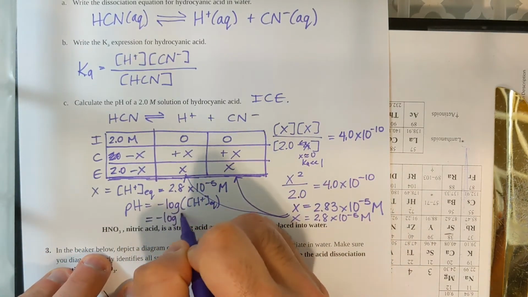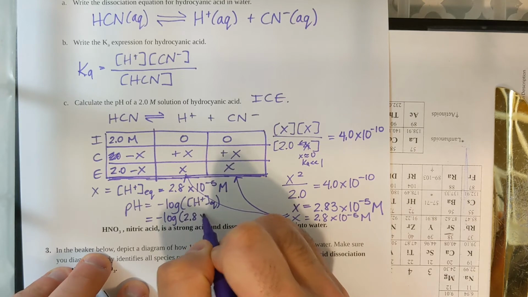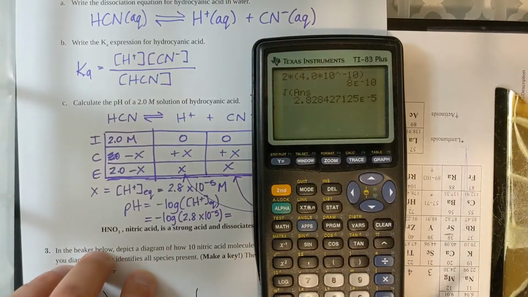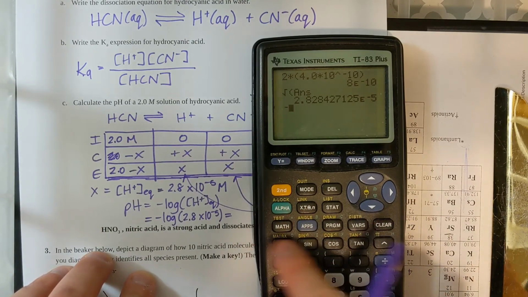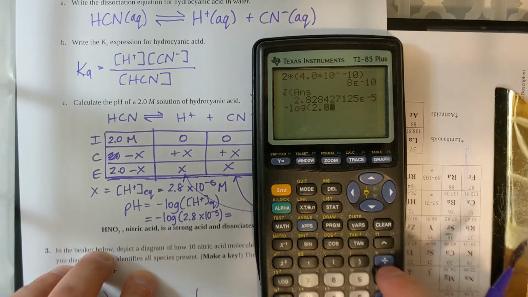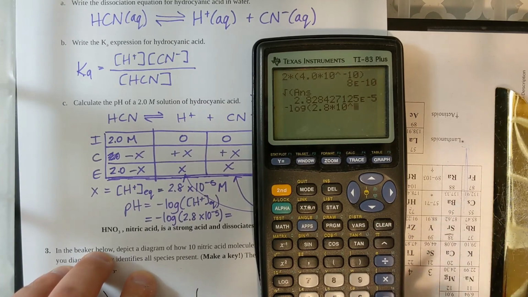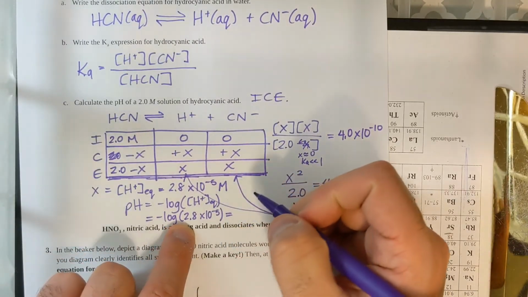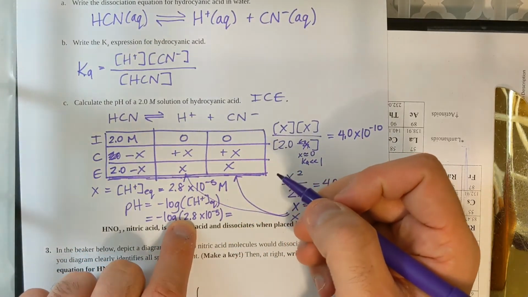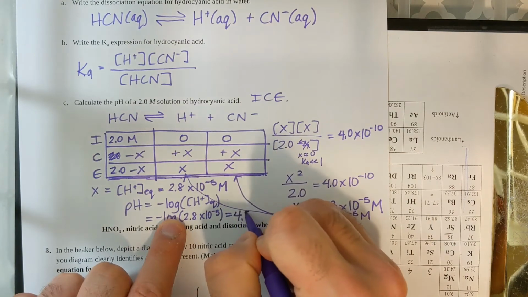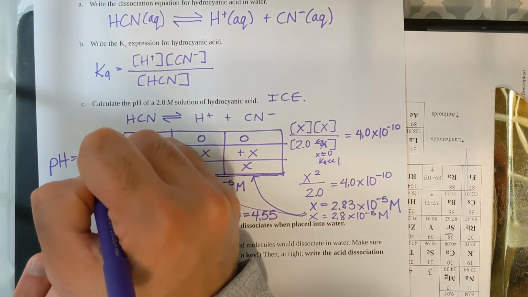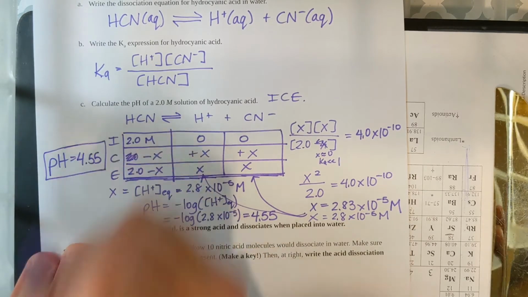If I do the negative log of 2.8 times 10 to the minus 5th, I get 4.55. I made this 2 sig figs, so I'll have 2 decimal places. So my pH is equal to 4.55.